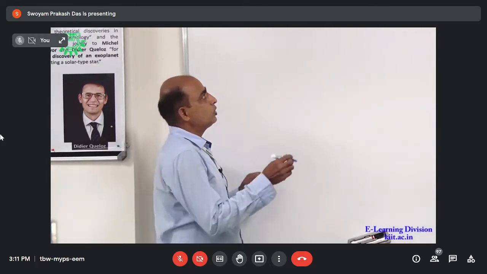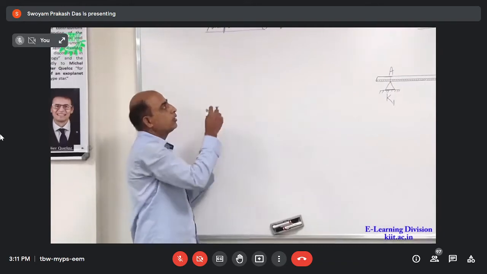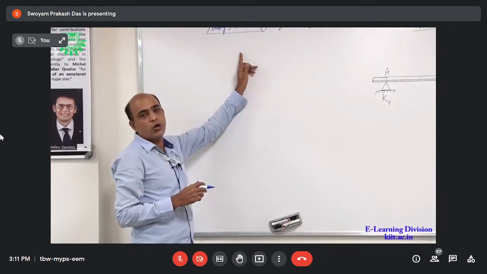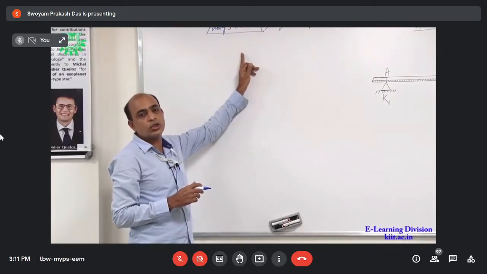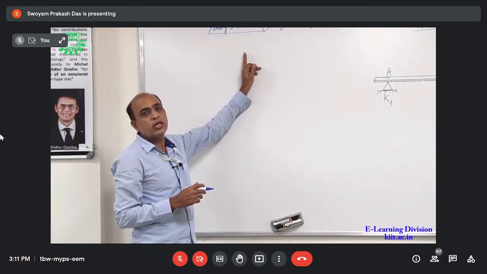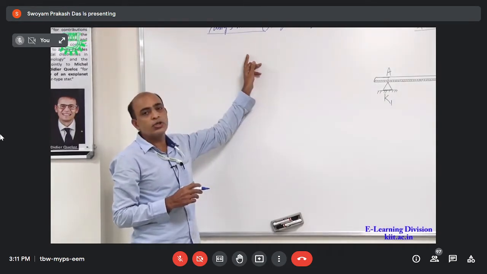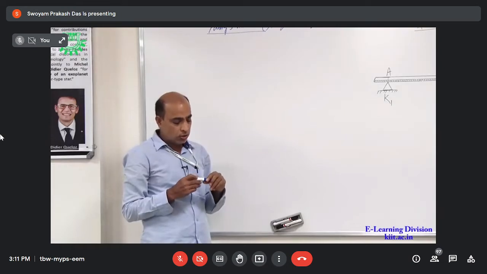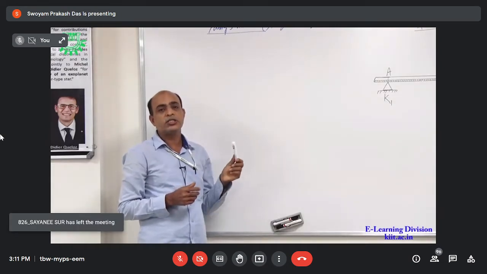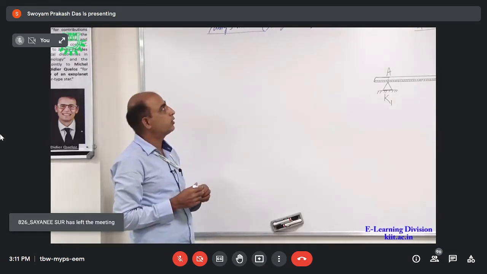This Young's modulus is simply the ratio of longitudinal stress to longitudinal strain within the elastic limit. According to Hooke's law, we know that within the elastic limit, stress is directly proportional to strain.